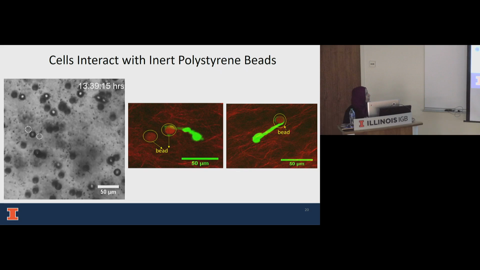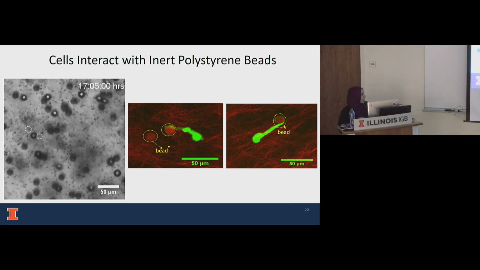This gave us the evidence that indeed when there is a higher stiffness, the cells pull towards the beads more, and they favor that direction. And here are some SAG images where you can see the cells are sort of wrapping around the beads, telling us that indeed the cells actually interact with these inert polystyrene beads.